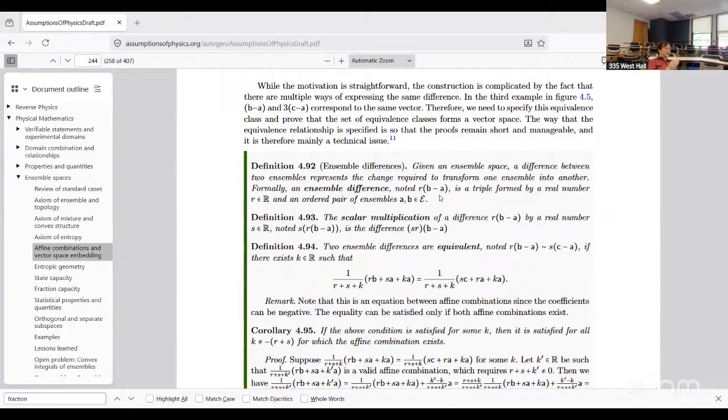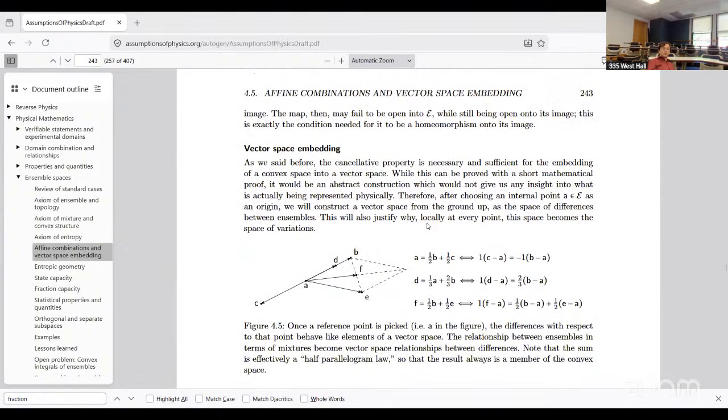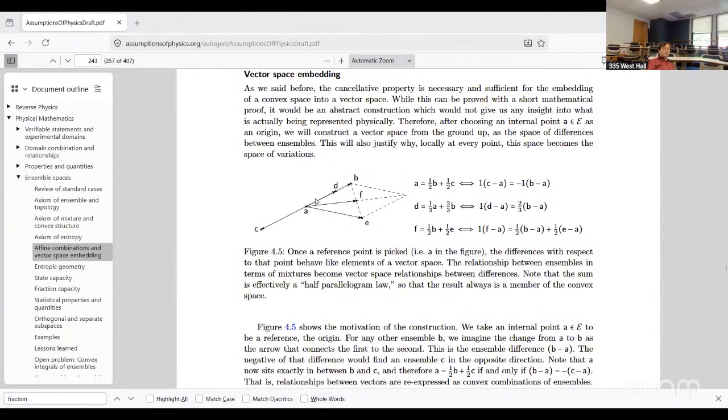So for now, I need a point A in the algebraic interior, and then what I basically define are these abstract objects. This is the idea. You pick A, and A is your reference, which is going to be your origin, right?